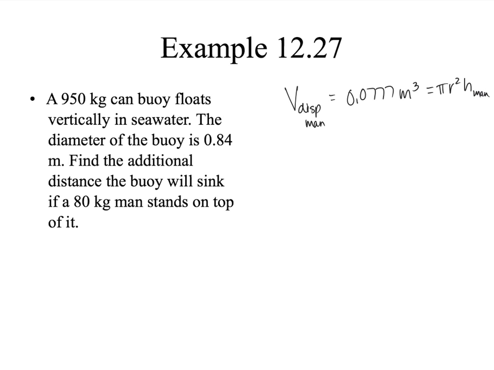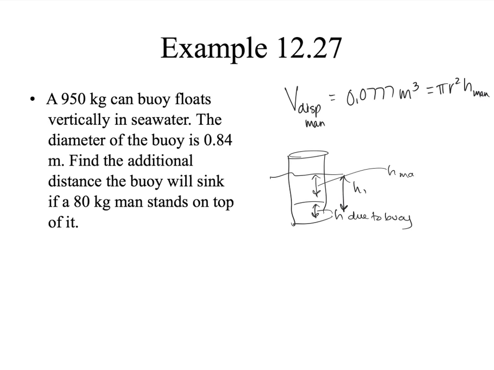So what I'm trying to figure out is, in a way, this total h prime is h due to the buoy, and then an additional h due to the man. And that's the total height.